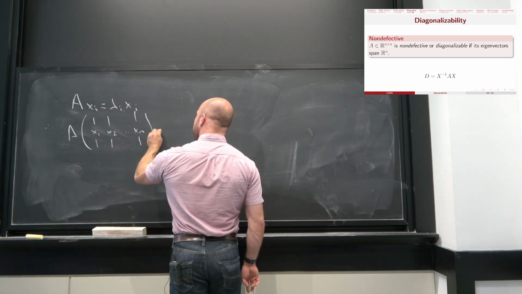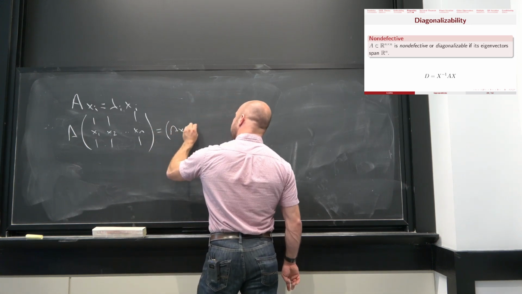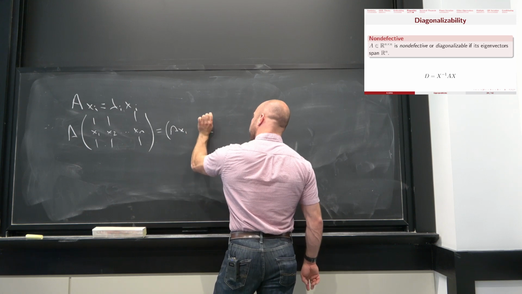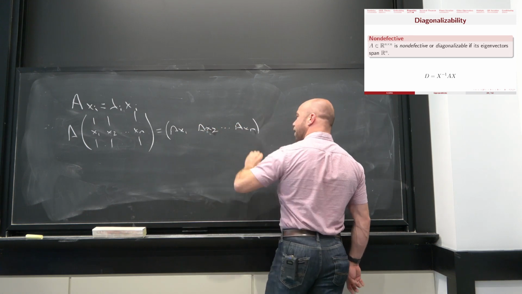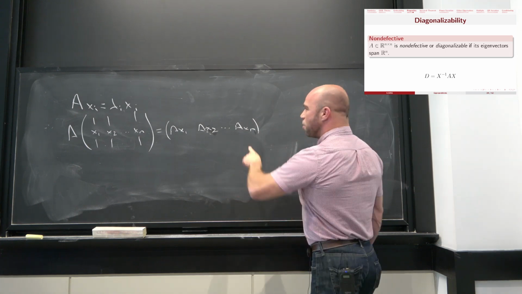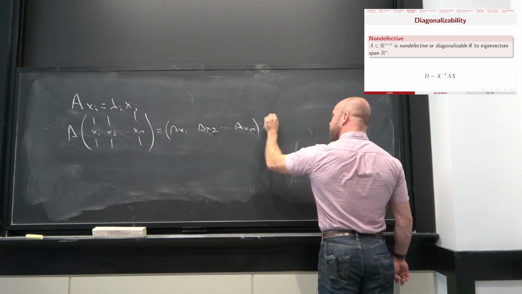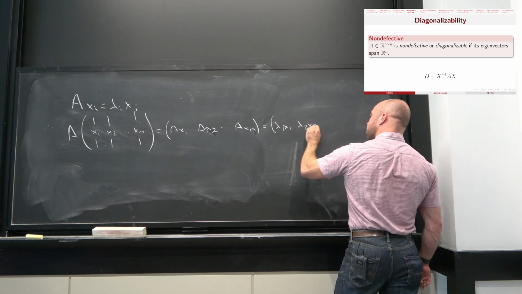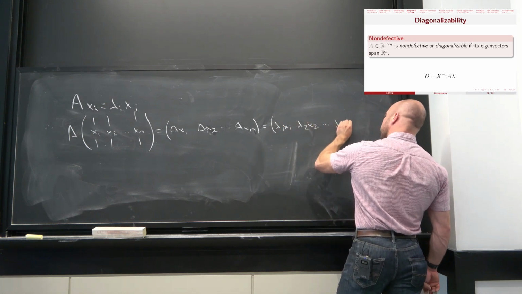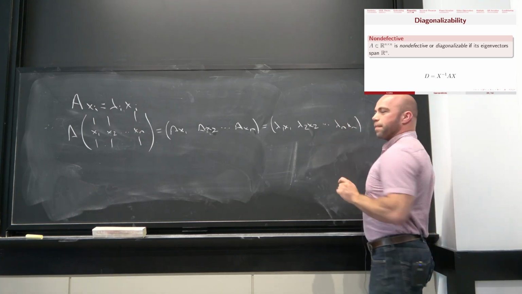And of course, we know that this is the same as A x_1, A x_2, ..., A x_n, like that. And now we can use the eigenvalue expression like this. This is lambda_1 x_1, lambda_2 x_2, ..., lambda_n x_n. Okay?